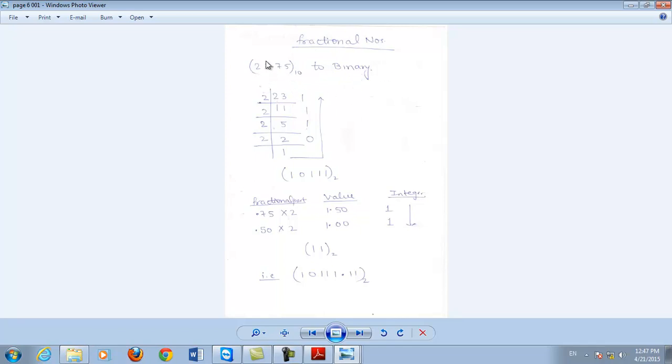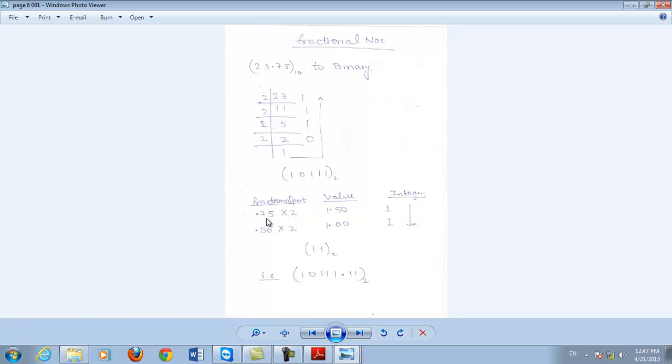This is the integer part, the number before the decimal. For the integer part, the process remains the same: simply divide it by 2 and the remainders will be the equivalent binary number of this 23. But what about the fractional part, 0.75? What is the procedure to convert this 0.75 to binary?